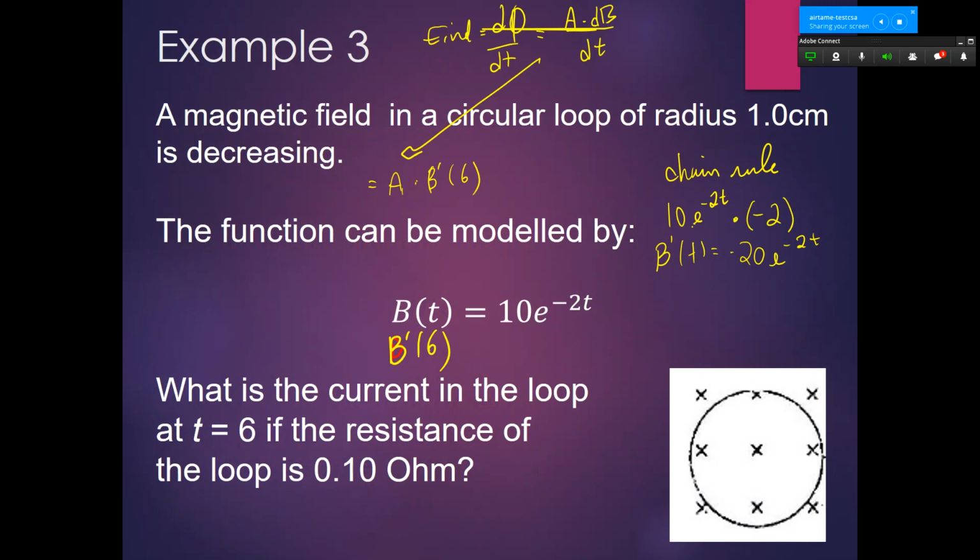Okay, now we're at the easy part. So area is equal to pi r squared multiplied by this function here, minus 20 times e to the power of minus 12. What number did you guys get for this?